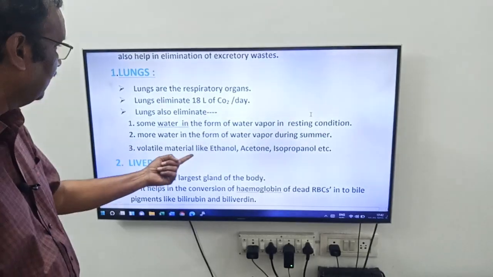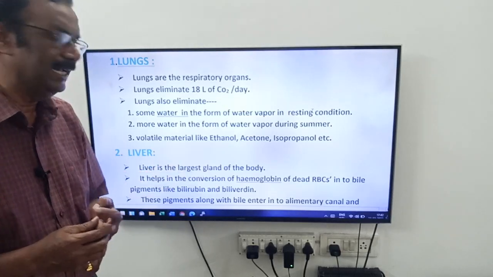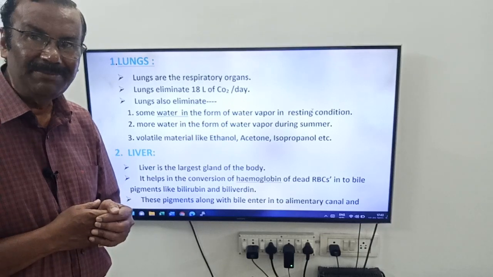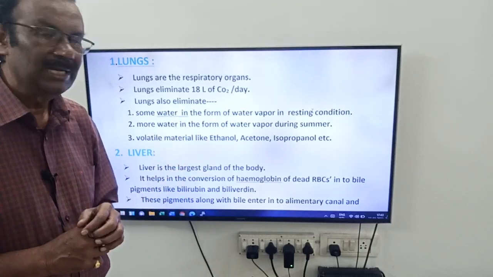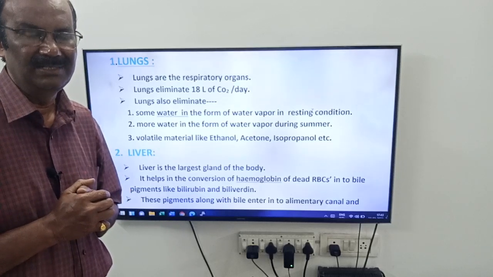Lungs also eliminate volatile materials like ethanol. Volatile means evaporate. Volatile materials like ethanol, acetone and isopropanol. Friends, this is for NEET and MCET.